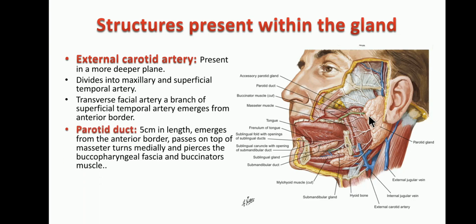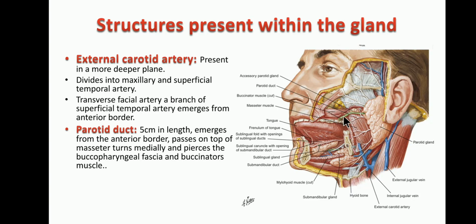Next, the parotid duct, also called Stenson's duct, emerges from the anterior border of the gland. It is 5 centimeters in length, passes over the masseter, and after crossing the anterior border of the masseter, it abruptly turns medially to pierce the buccinator and the buccopharyngeal fascia covering the buccinator, and then enters the mucous membrane.